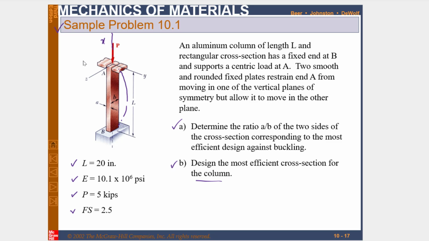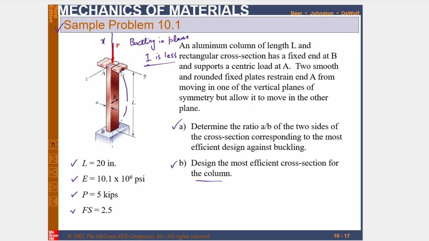So how will you know in which plane it will buckle? Always remember that buckling will occur in the plane whose moment of inertia is less. Clear? So this is the criterion.